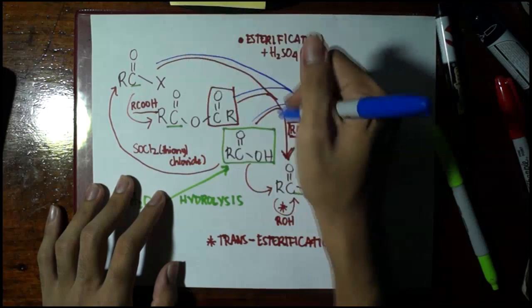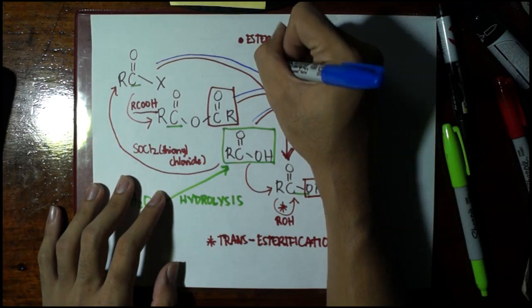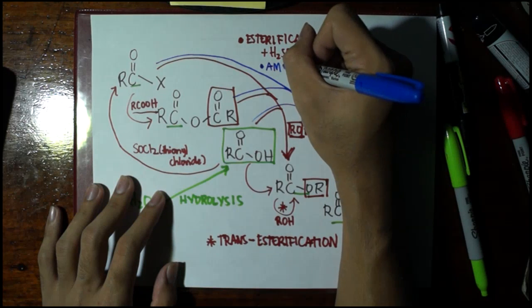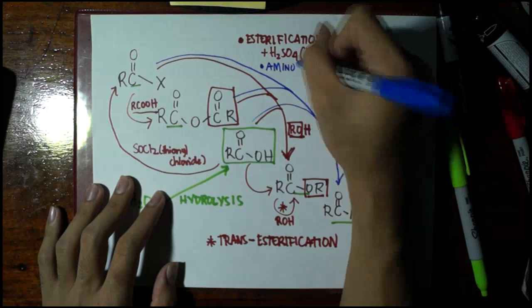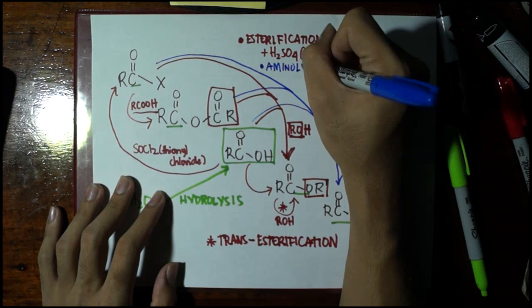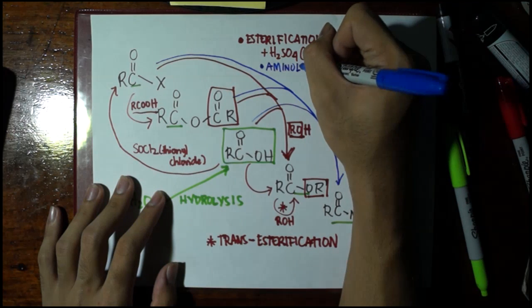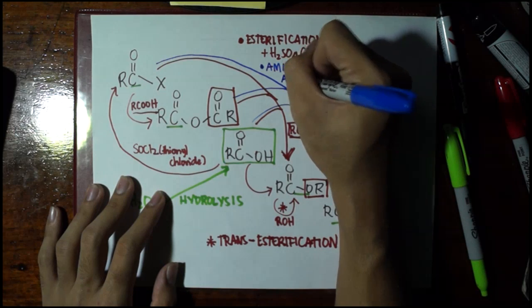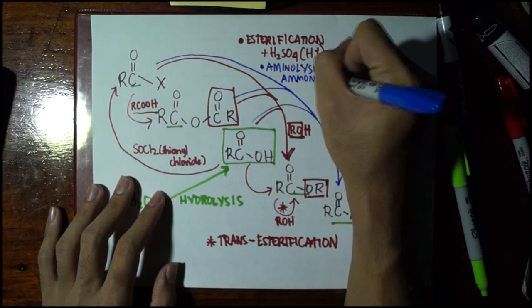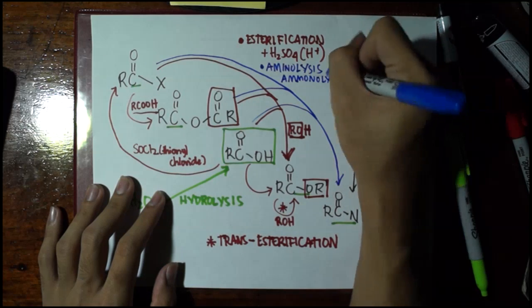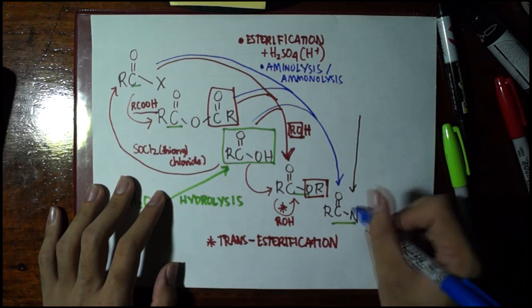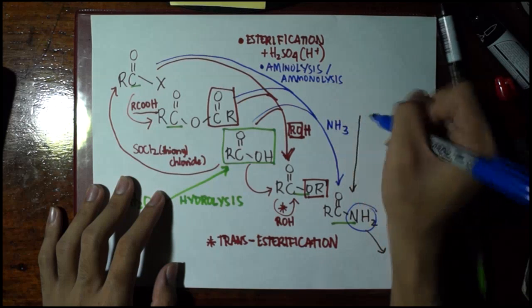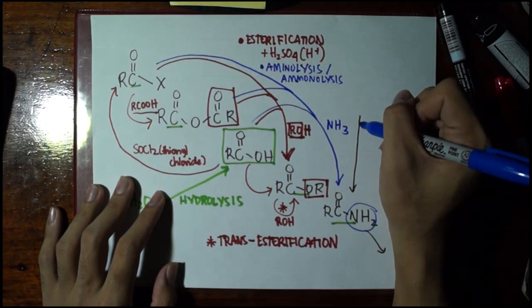Now the blue arrows represent formation of an amide. If you use an amine, this is aminolysis, but if you use ammonia, you call this ammonolysis. Since here the product is NH2, the NH2 would come from ammonia, so this one specifically is ammonolysis.